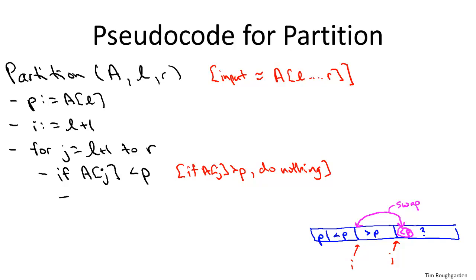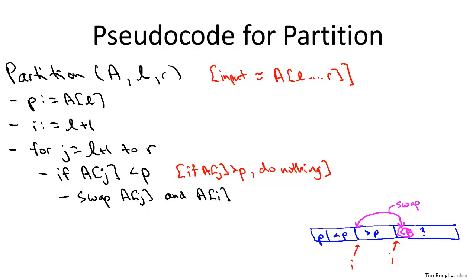Now I am doing something a little sneaky here, I should be honest about, which is that there is the case where you haven't yet seen any elements bigger than the pivot, and then you don't actually have a leftmost element bigger than the pivot to swap with. Turns out this code still works. I'll let you verify that, but it does do some redundant swaps. Really, you don't need to do any swaps until you first see some elements bigger than the pivot and then see some elements less than the pivot.